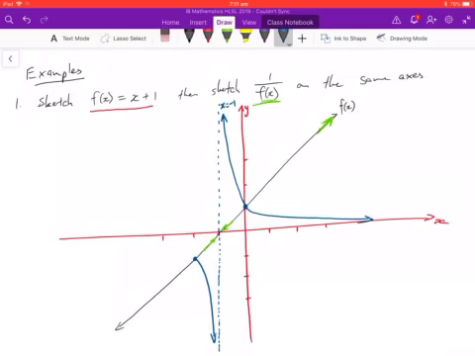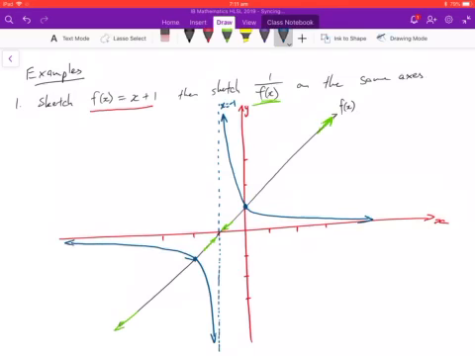And then as my function over here goes towards negative infinity, a very large quantity in a negative direction, my reciprocal, 1 over a very large amount, is still on the negative side, but it's going to get very close to 0, which is the asymptote here. So it's going to look like that.